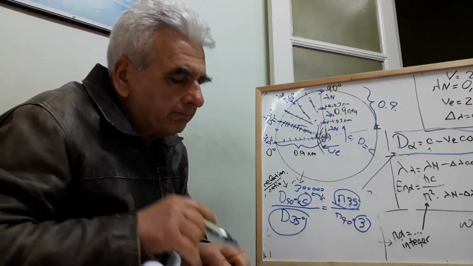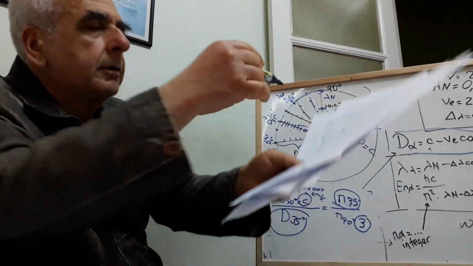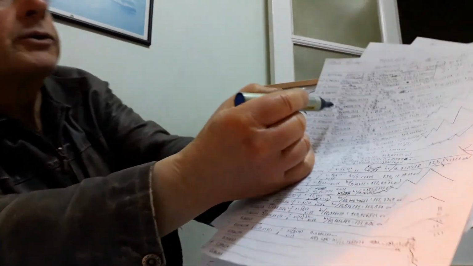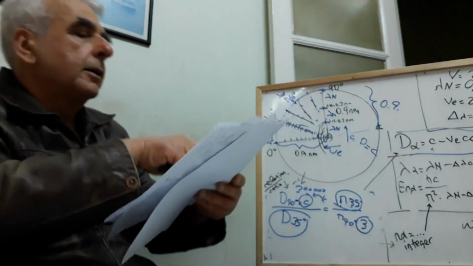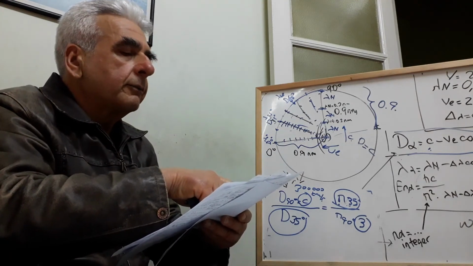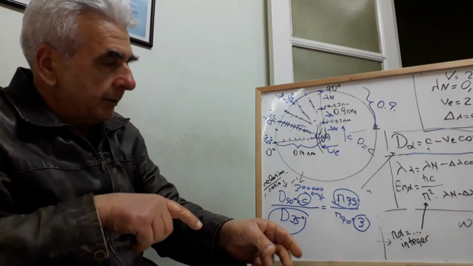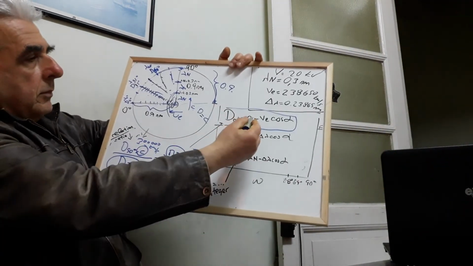Cosine 35 here. What? 0.819152. We know c.